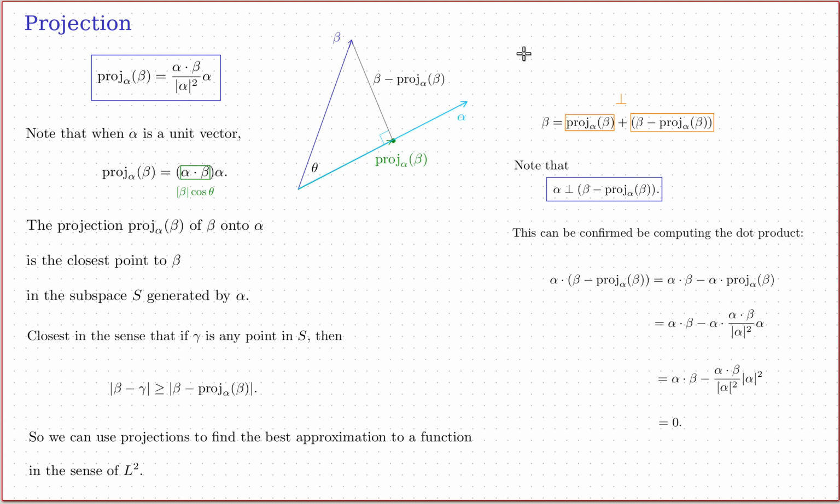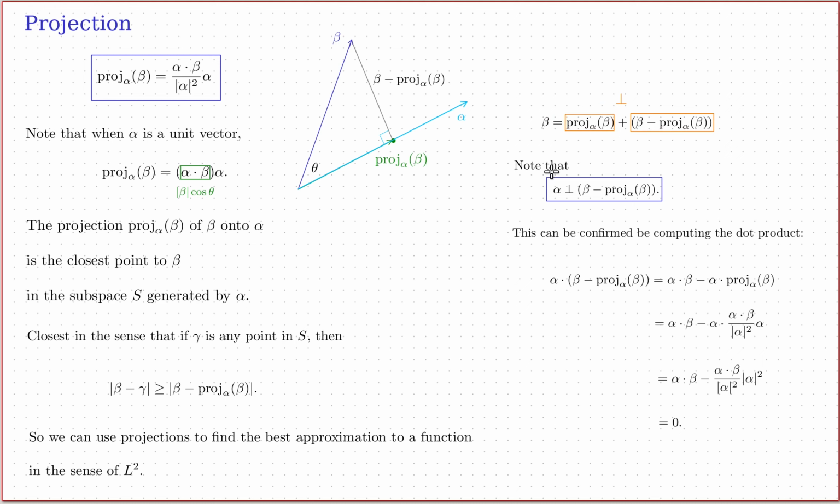Notice that when you do the projection, you get the projection itself, and then you also get the difference between the original vector beta and the projection, so beta minus the projection onto alpha of beta. And geometrically, it's obvious that these are going to be perpendicular to each other, right? So we're able to decompose beta into two mutually orthogonal components, one in the direction of alpha and one perpendicular to alpha.